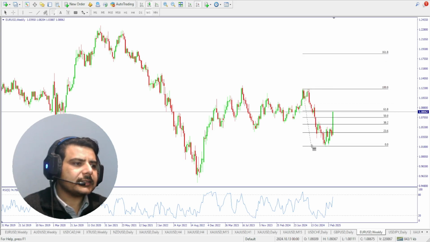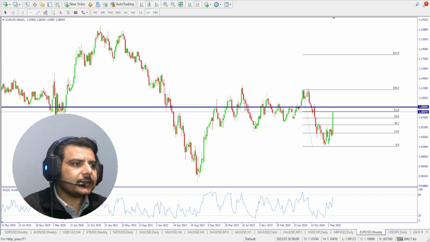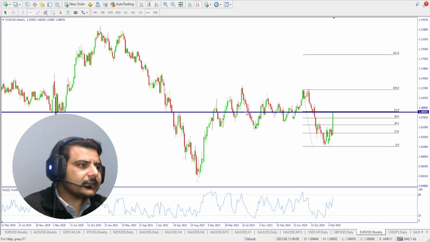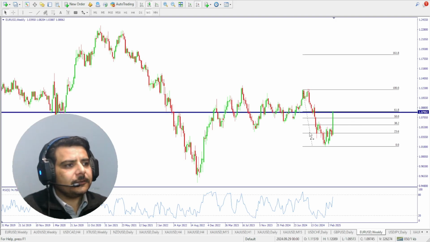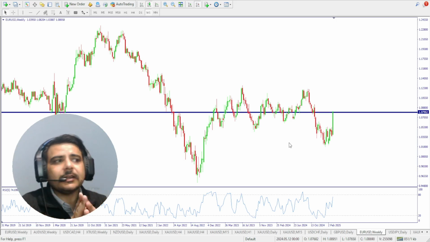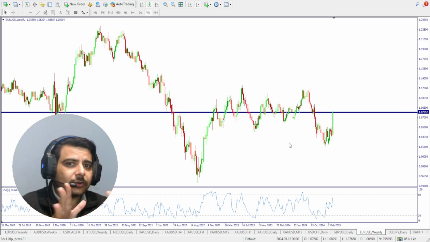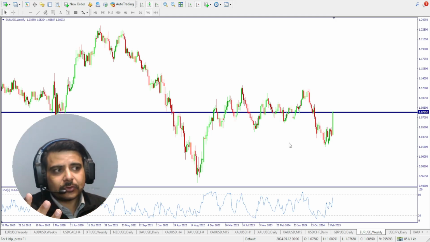So market exactly hit this particular zone, and let me add a line right here. The price is 1.0800 approximately, and the market seems to be strongly going bullish because there is a fundamental activity going on as well. The outcome of those fundamental activities seems to be very fantastic for the euro dollar.